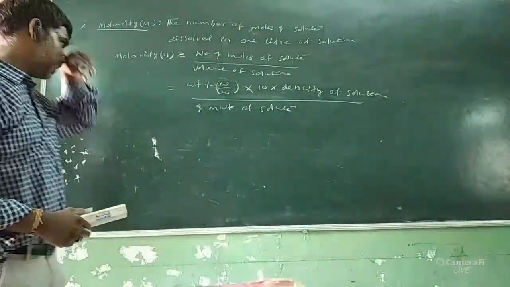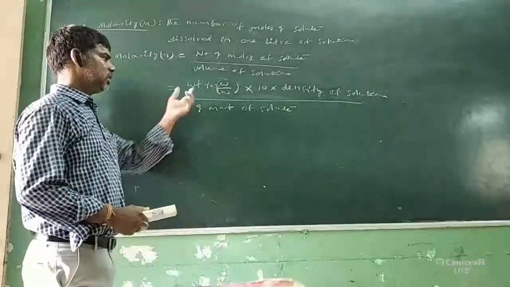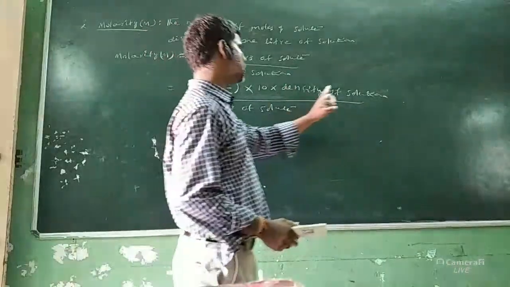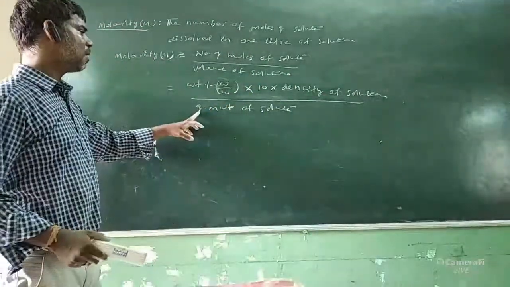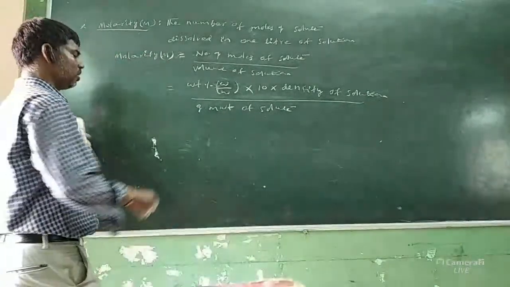If you take the weight percentage W by W, the weight percentage into 10, here we have density of solution by the gram molecular weight of solute. It is one more important formula.